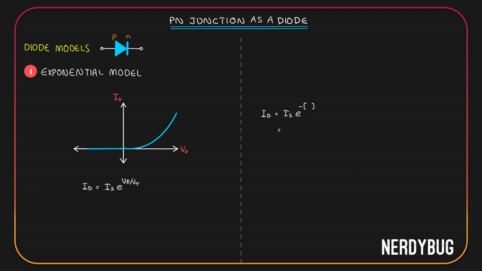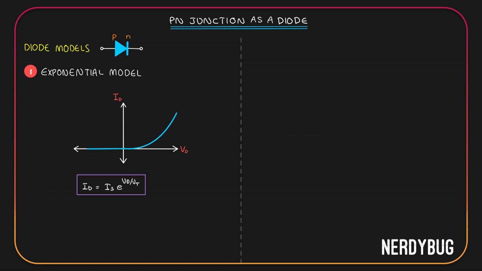Or we can write Is multiplied by 1 by e raised to the power of a large number. E raised to a large number will be an even larger number. So we can write this is Is divided by a very large number, which can be approximated to 0. That is why in this model we have taken Id to be 0 when Vd is negative.